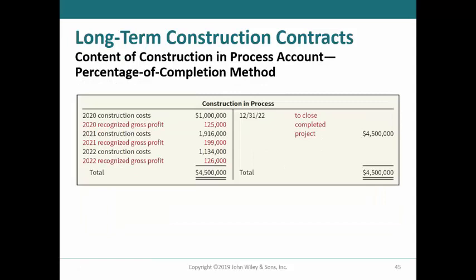This T account of construction in process shows the recording of the construction costs over the 3 years in black and the gross profit entries made at the end of each year in red. This account is credited and closed at the end of the contract when construction is complete.